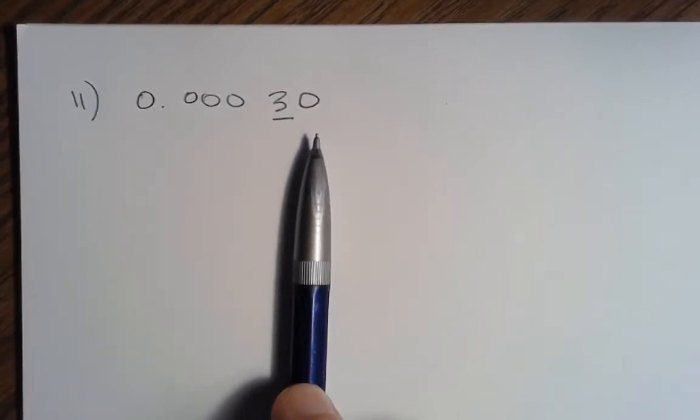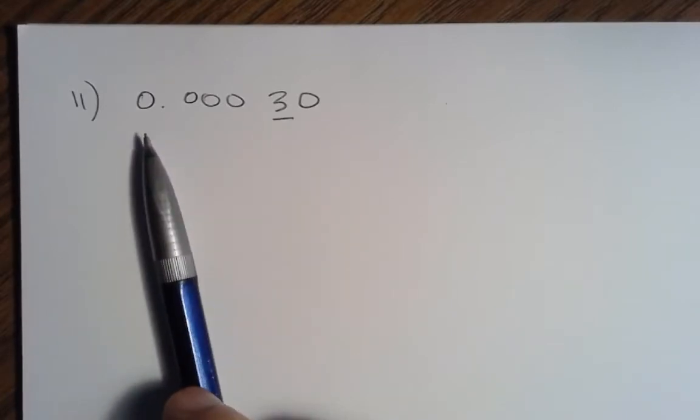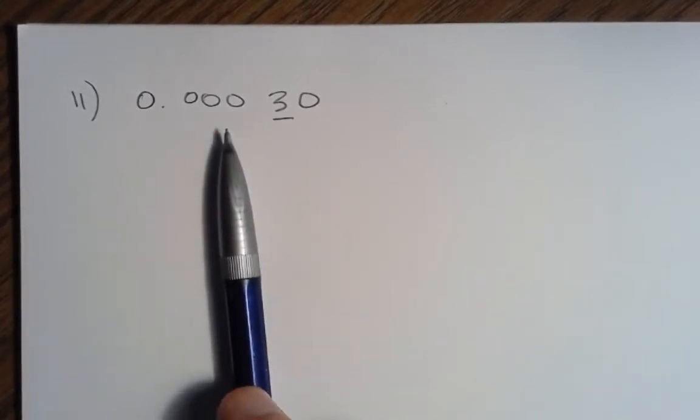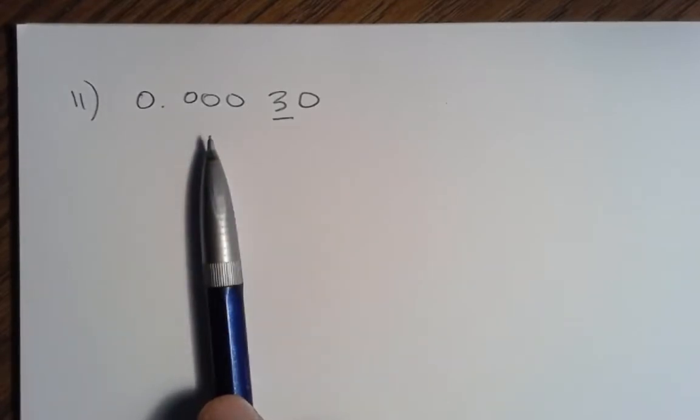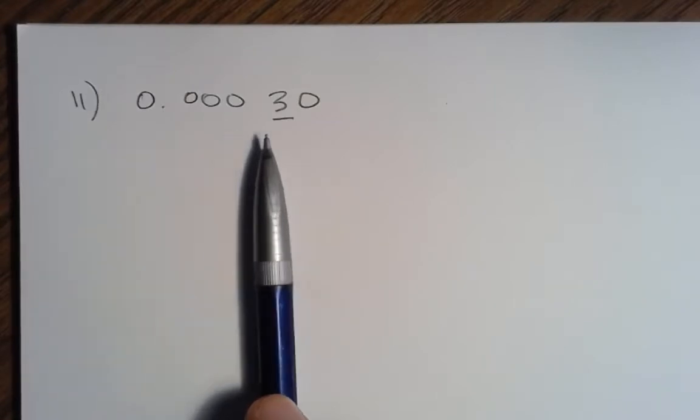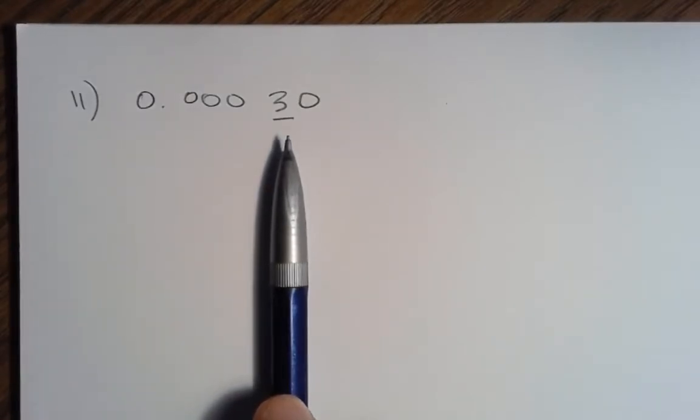And our tools for figuring things out: beginning zeros are never significant. They tell us, in this case, that this is a small number, but they do not tell us anything about the actual thing itself, aside from that it is small. So beginning zeros are never significant. There's your 1, 2, 3, 4, 5, 6, 7, 8, 9, one of those numbers.